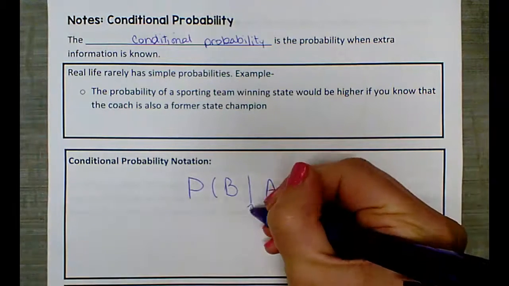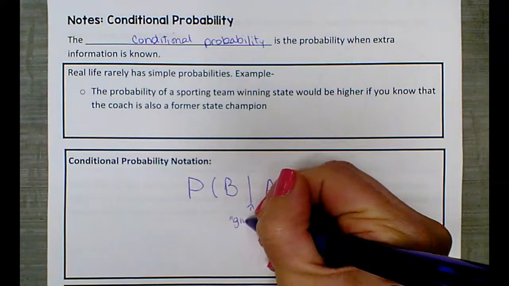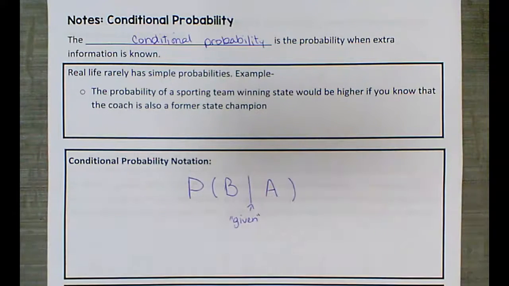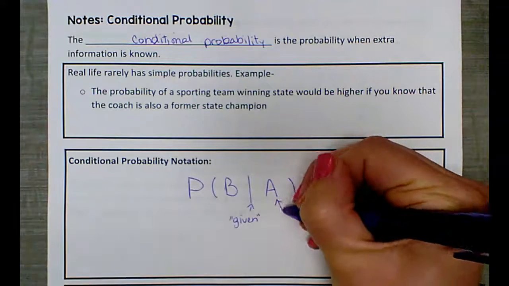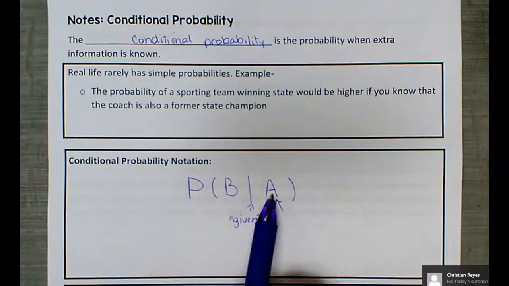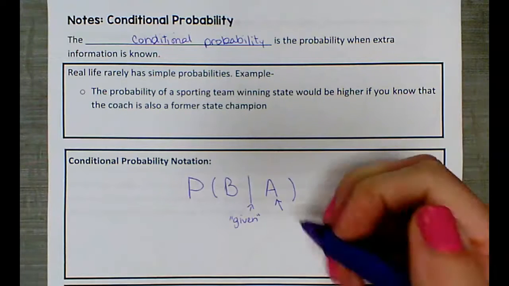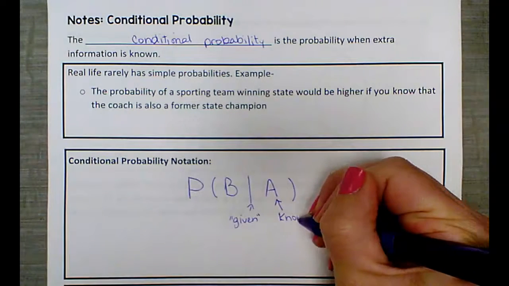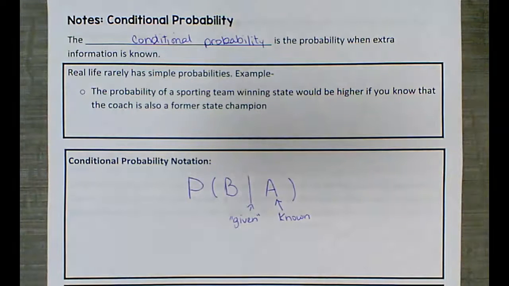So this little bar right here means given. And this event A, so we have two events, event B and event A. Event A, because it's after the given bar, is given to have a certain outcome. So this is the known piece of information here.